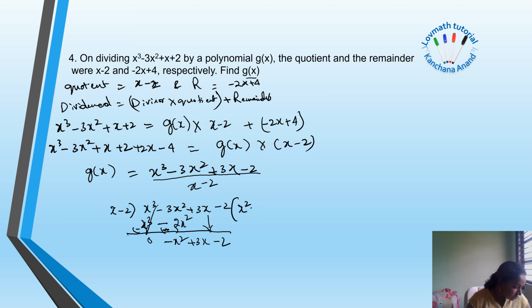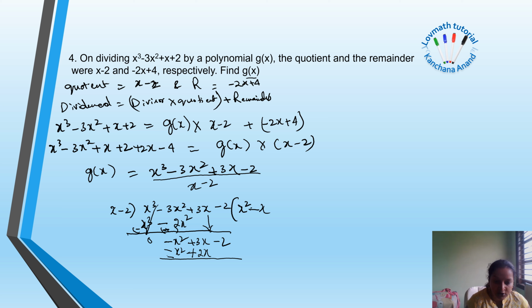Now to solve this further, let us multiply x - 2 by -x. So x - 2 into -x: -x into x is -x^2, and -x into -2 is +2x, and let us solve this further.